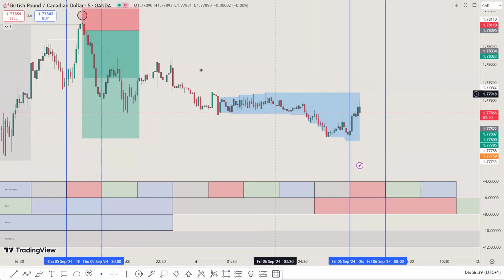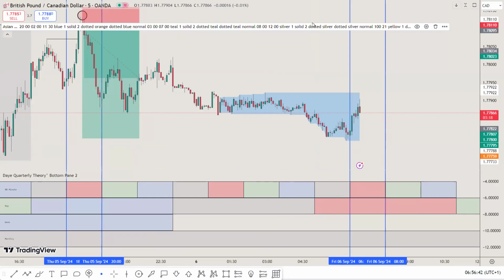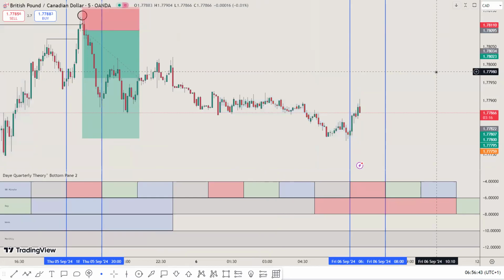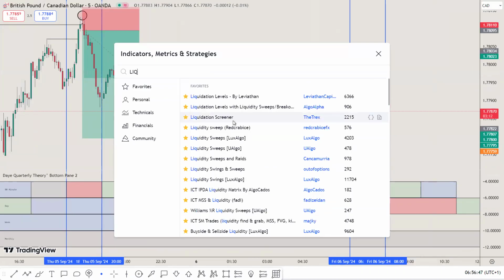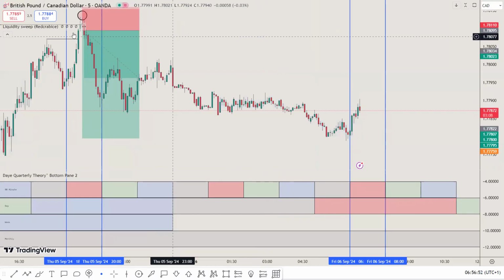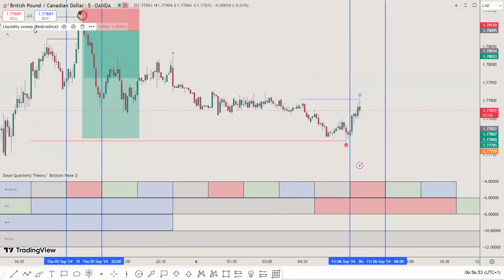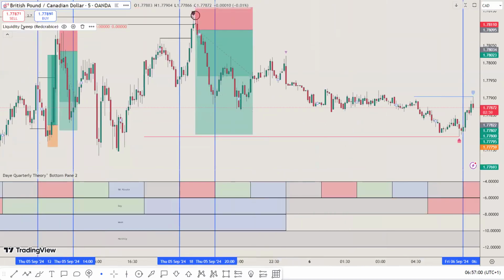If you don't want to use session, what you can do is we have a very cool cheat, Liquidity Sweep by Lux Algo. Sorry, I think I inputted the wrong one, but this one is also good. It shows you all the liquidity sweeps that occur.